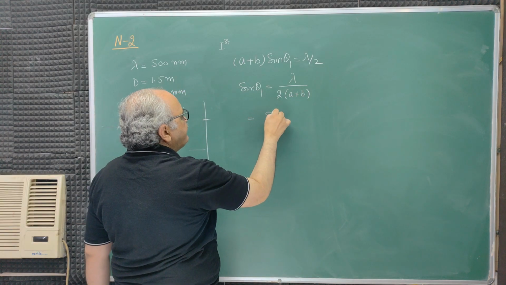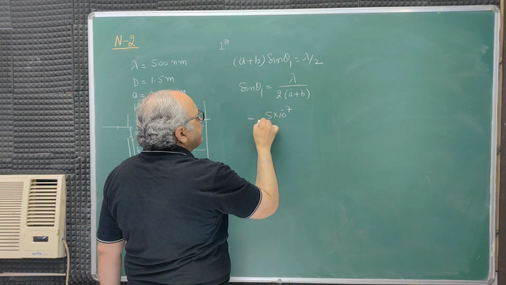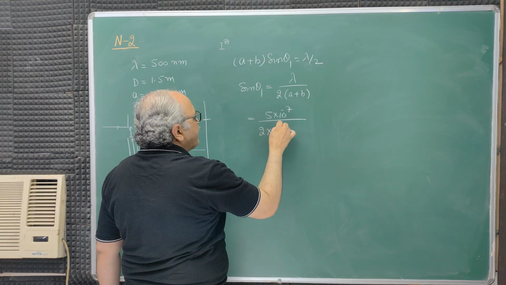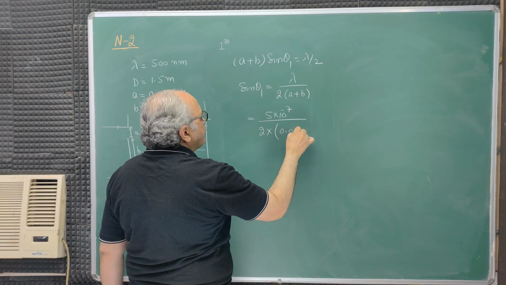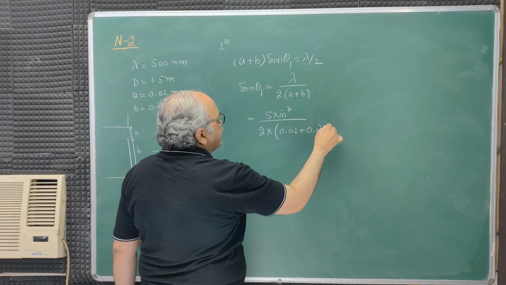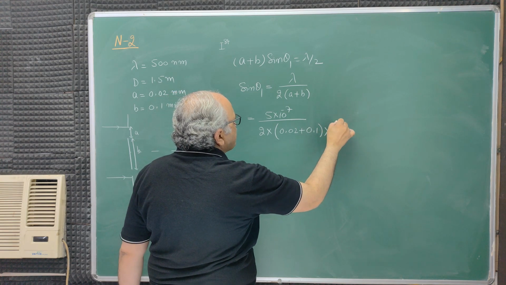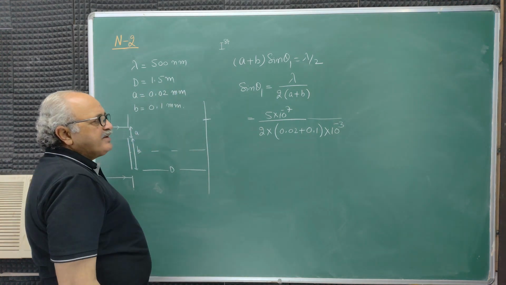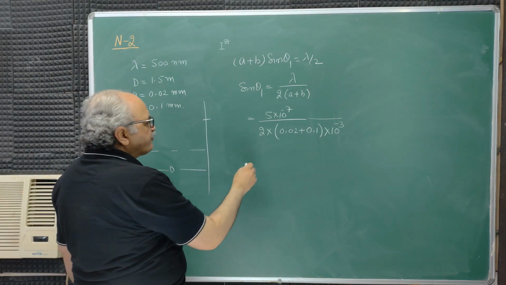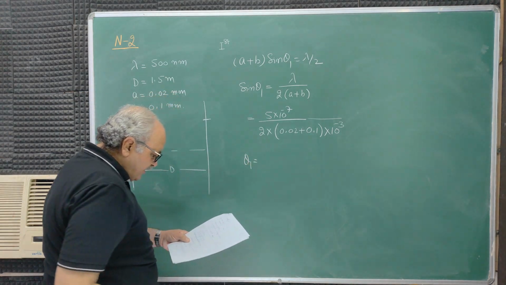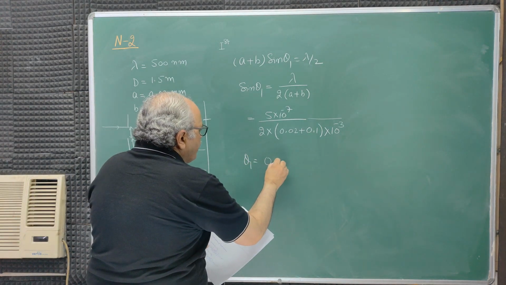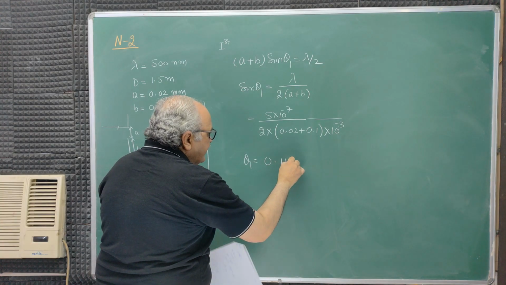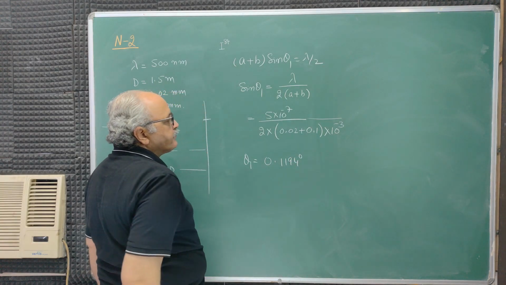Obviously this is 5 into 10 to the power minus 7 by 2 multiplied by 0.02 plus 0.1. Since it is in millimeter, I have to write 10 to the power minus 3. And if you solve for theta 1, the value comes out to be 0.1194 degree.